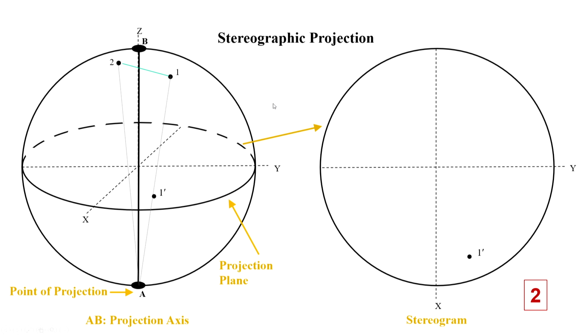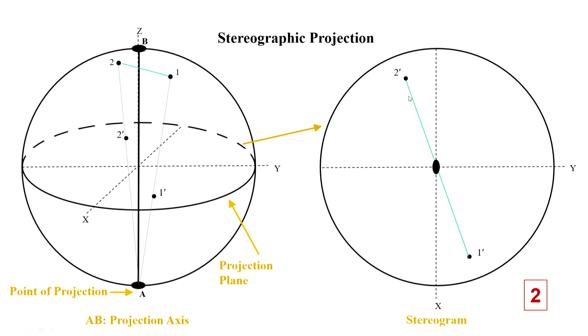We join again the point of projection A to point 2 with a straight line. Now, this line will also intersect the projection plane, and let us say it intersects at 2 prime. So, I have rotated 1 to 2 through an angle of 180 degrees, and this point 2 gets projected to 2 prime, forming a stereogram which should be something like this.